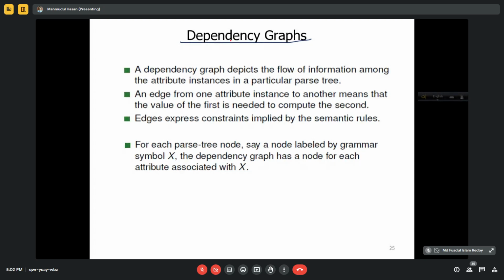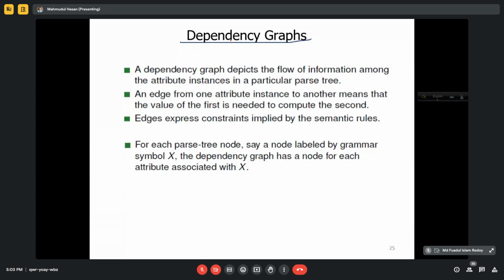Previously we observed how one attribute value goes to another value. Dependency graphs just focus on the direction, how the values are passing. And dependency graphs are useful for determining evaluation order.